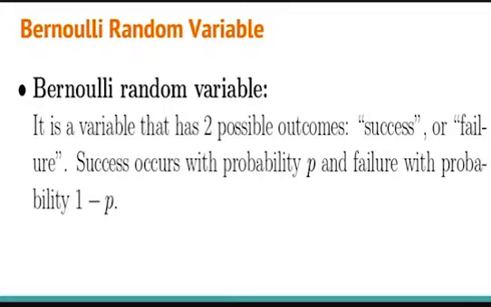We want to focus on discrete probability distributions. We have a lot of distributions in discrete probability: the Bernoulli, binomial, multinomial, hypergeometric, and Poisson distributions. We have the negative binomial and geometric as well. So that, of course, will be our focus this week.